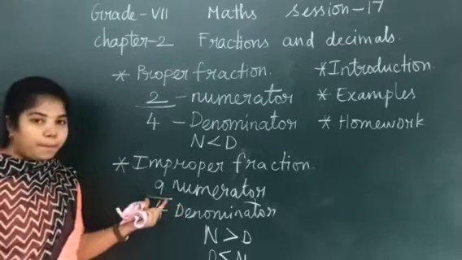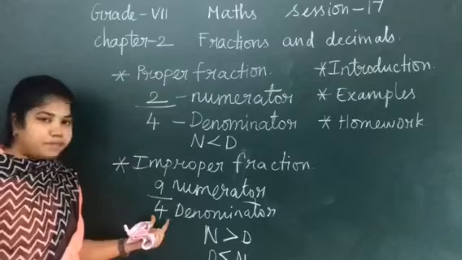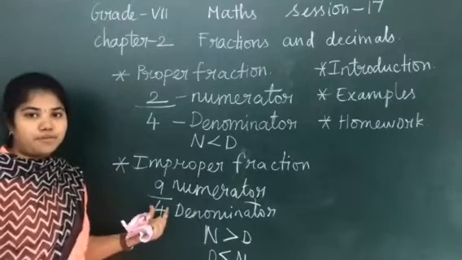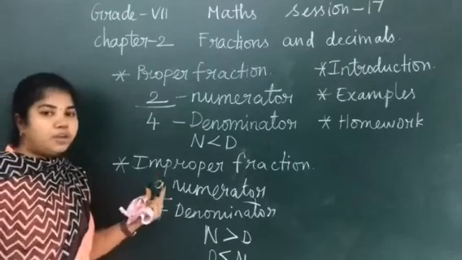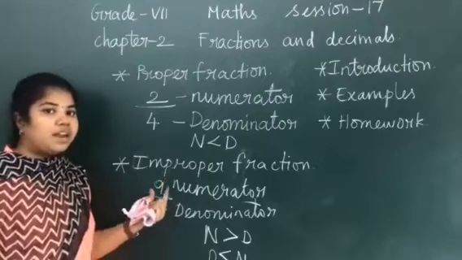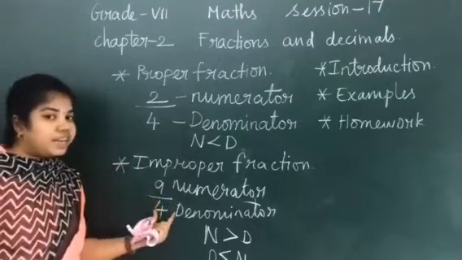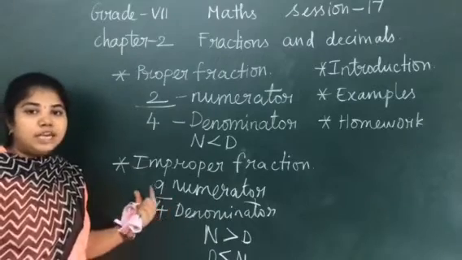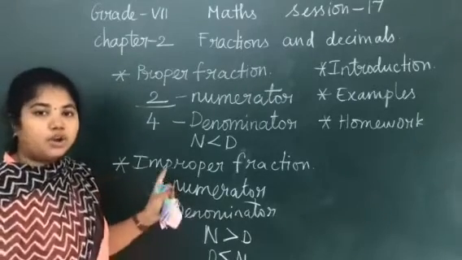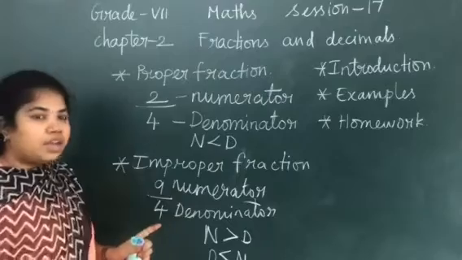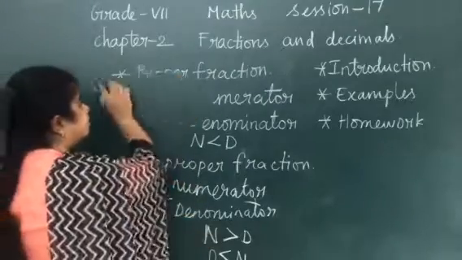That is, if the top number is greater than the bottom, it is an improper fraction. Are you clear about proper and improper fraction? Let us move on to the next one.